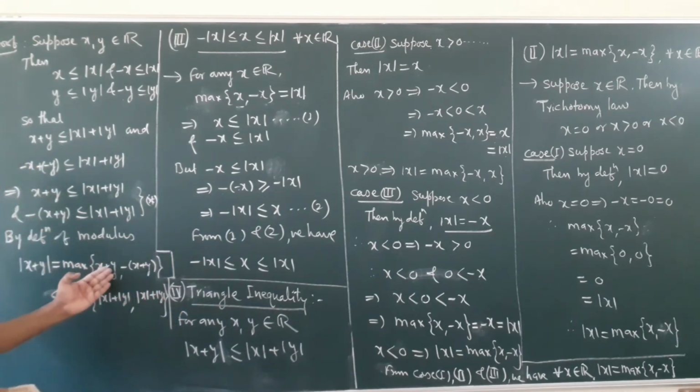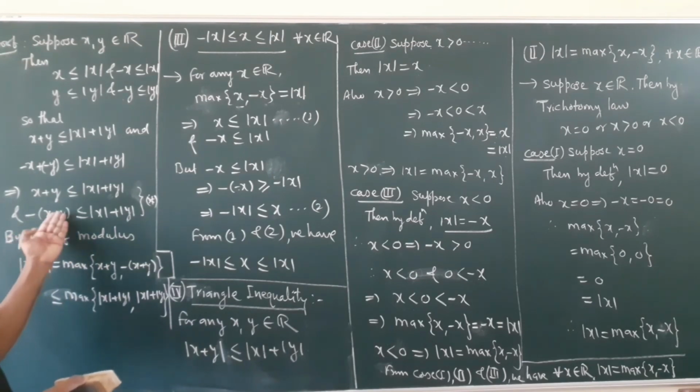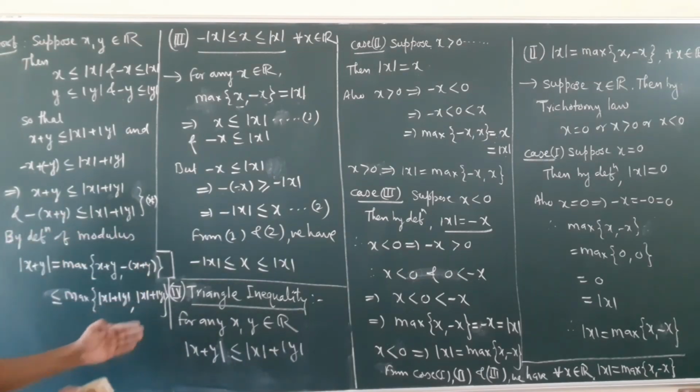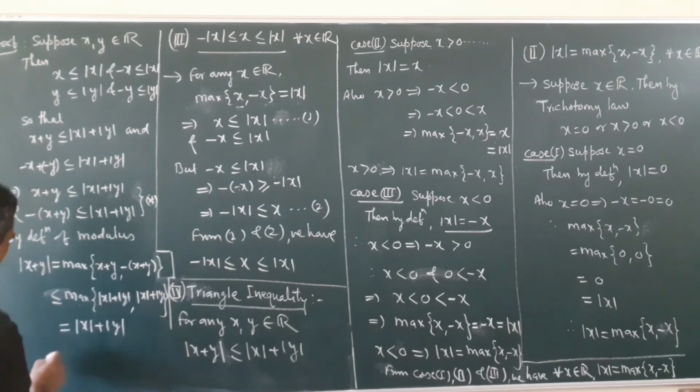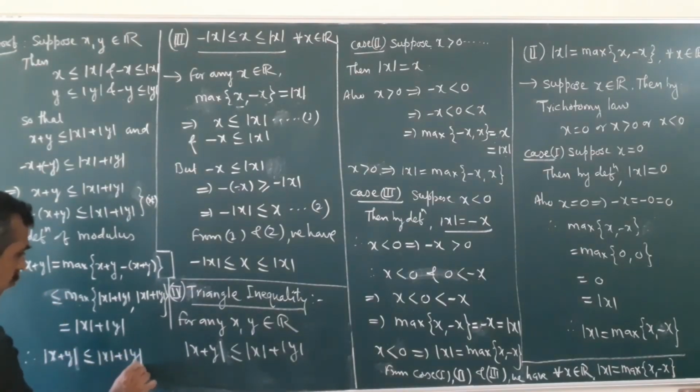X plus y is less than or equal to this, and minus of x plus y is also less than or equal to this. But what is the maximum between these two? It is nothing but mod of x plus mod of y. Therefore, mod of x plus y is less than or equal to mod x plus mod y. So this is what the answer is.